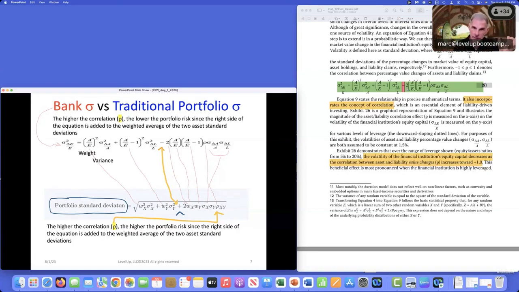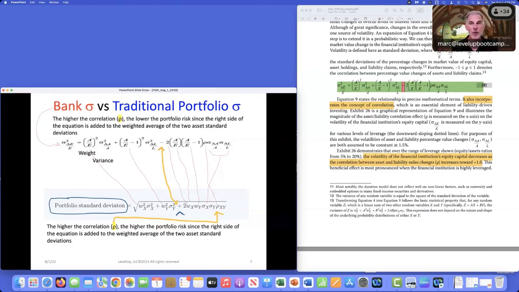Here's my assets, here's my liabilities, here's the variance of the assets, here's the variance of the liabilities, here's the weighted average between the two. But in equation 9, we subtract that when there's a high correlation, because that means we've reduced the risk in the bank. When interest rates change on the liabilities, they change on the assets in a similar fashion, and we don't have the magnifying effect to burn up the equity in the bank.